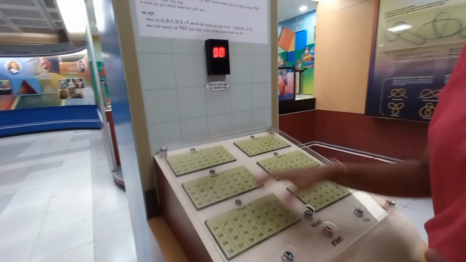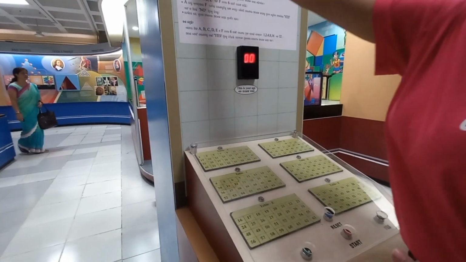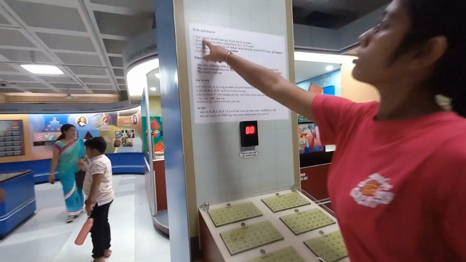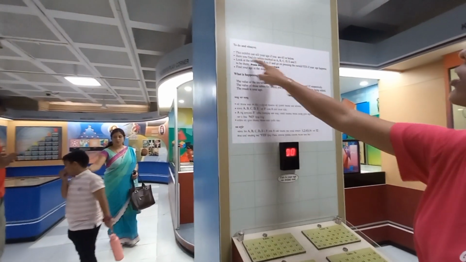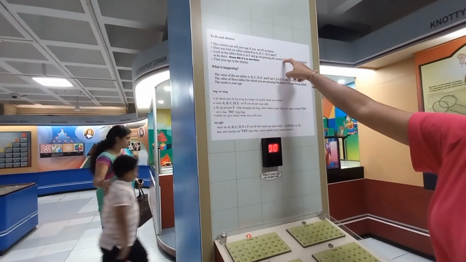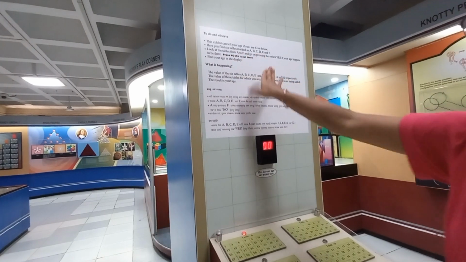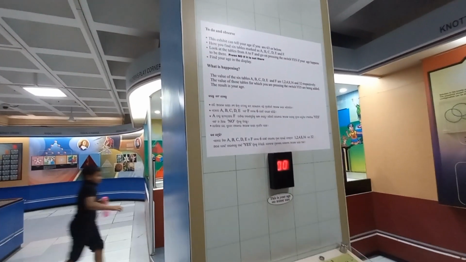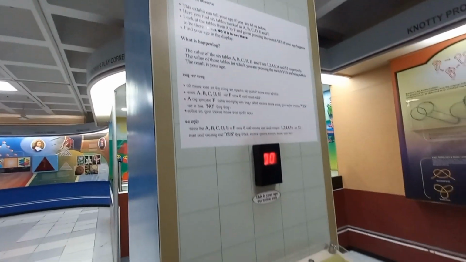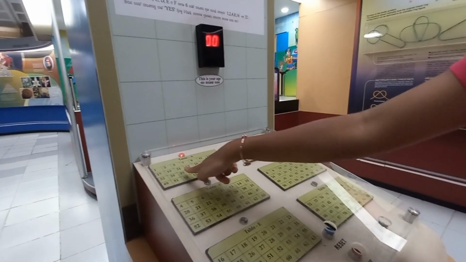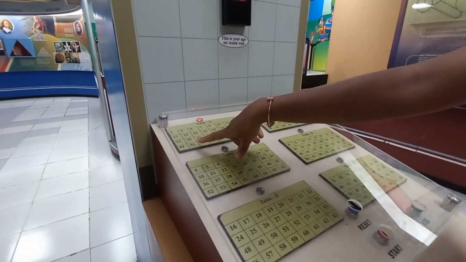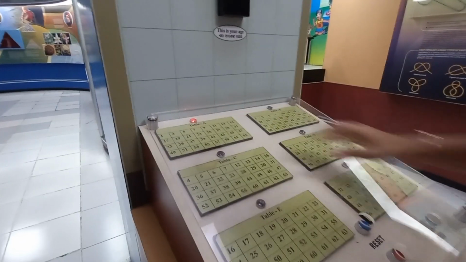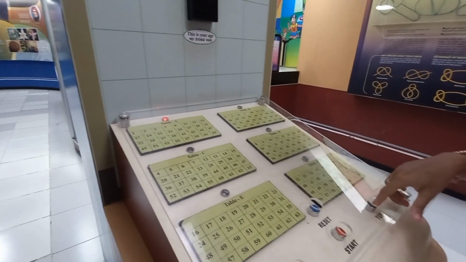First you reset the buttons and then read the instructions carefully. It has 6 groups: A, B, C, D, E, F. Now, for example, take the age as 51. Search the 51 number in the A group. It is present there. So, press on yes.